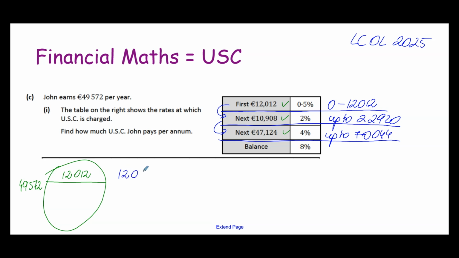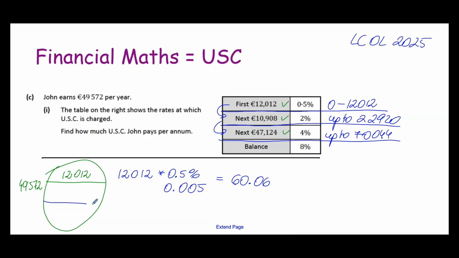By the way, here we have to calculate his USC charge. So on that first 12,012 euro, we multiply that by 0.5%, or if we want to change that to a decimal, that will be actually 0.005, and we put that in the calculator and we get 60.06.